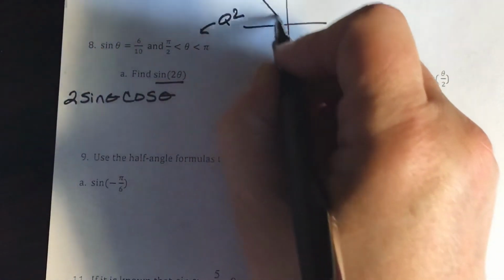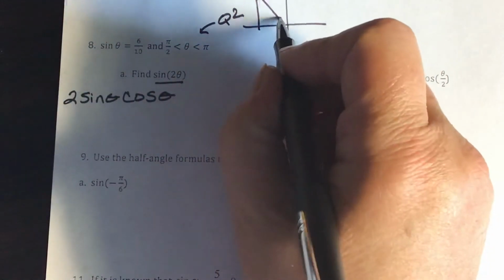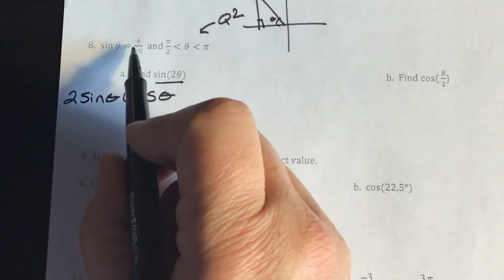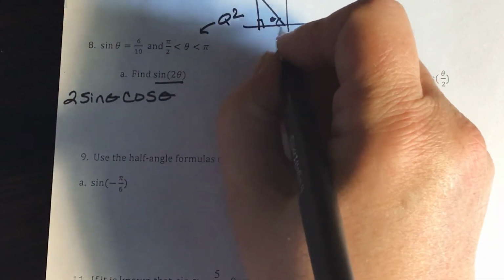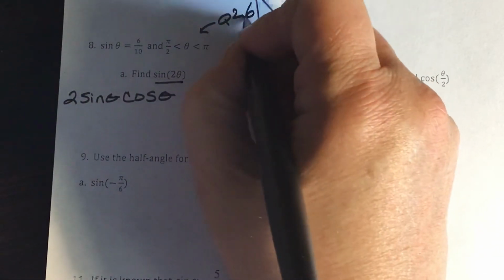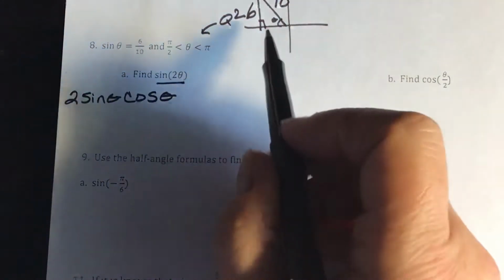So in quadrant 2, right here, here's my angle. Here's my right angle. My sine is 6 over 10. So side opposite is 6, and hypotenuse is 10.